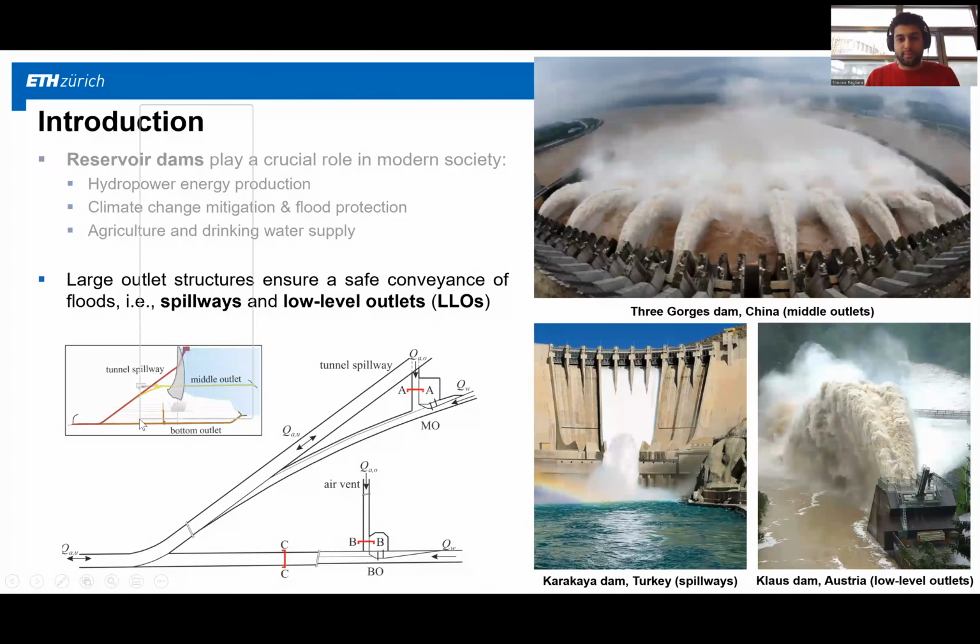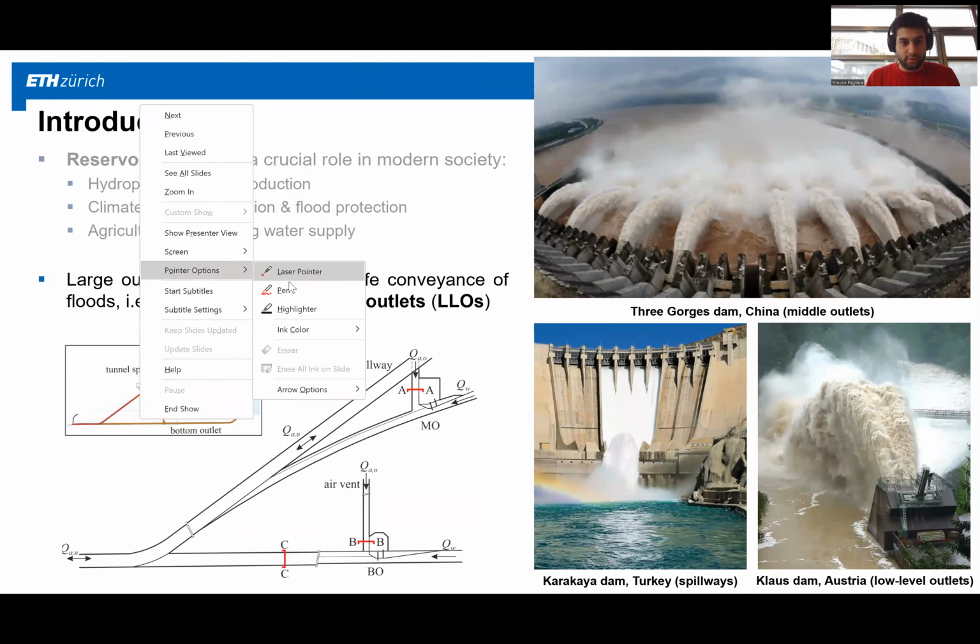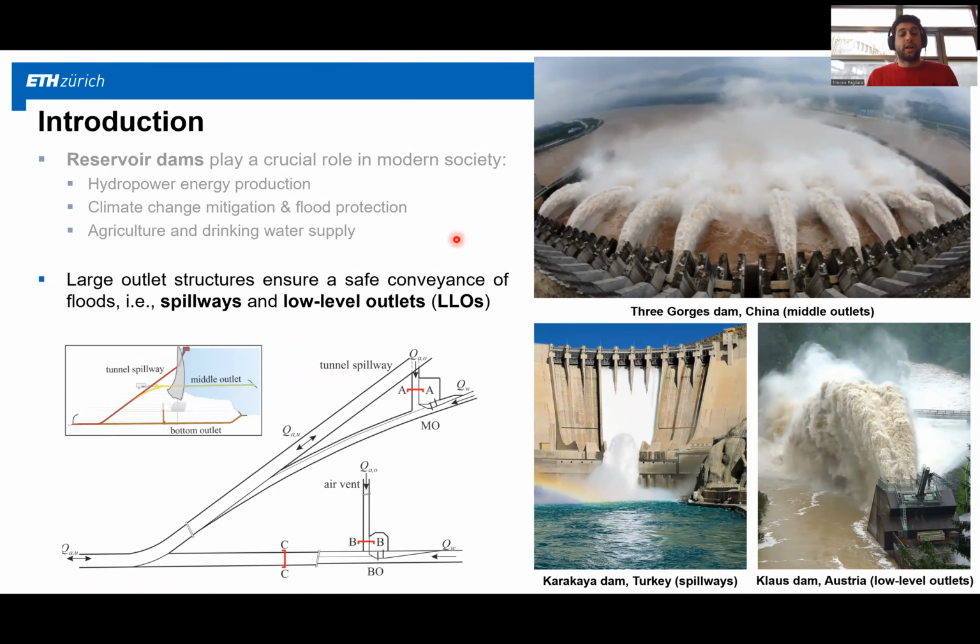Such dams feature large outlet works, which are used to ensure a safe conveyance of floods. Two kinds of such outlet structures are spillways, which you can see in the sketch here, and bottom outlets.